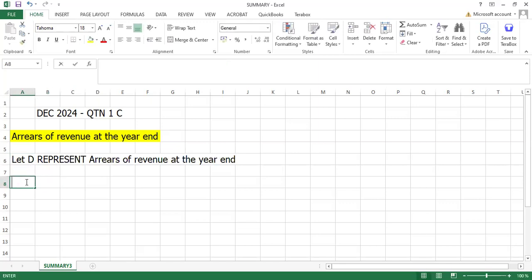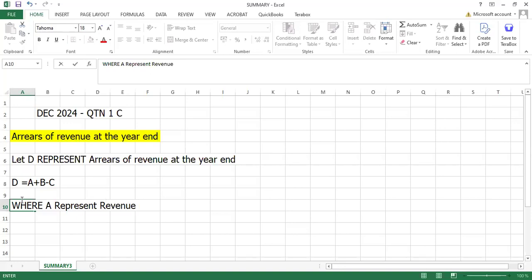To derive your D, you are going to get A plus B, then minus C. Where A represents the revenue areas at the start of the year.